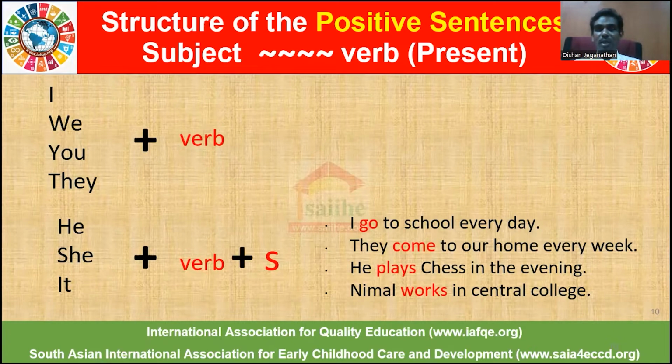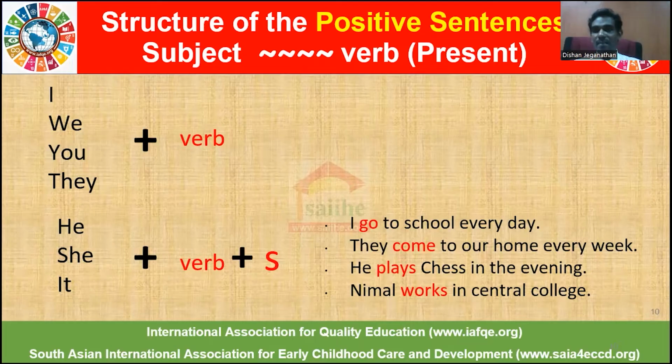But when it comes to third person, that is he, she, it, we always use an S along with the verb. For example, it could be he plays, she plays, it plays. So the difference between these two is, for I, we, you, they, we use a verb alone, and for he, she, it subjects, we combine an S along with the verb.